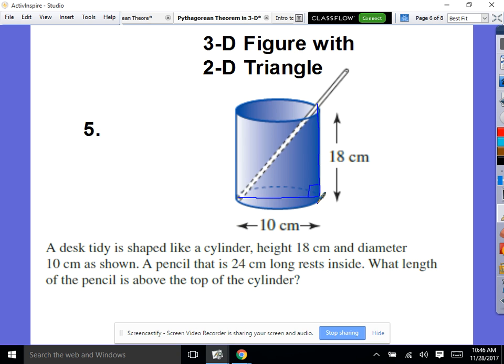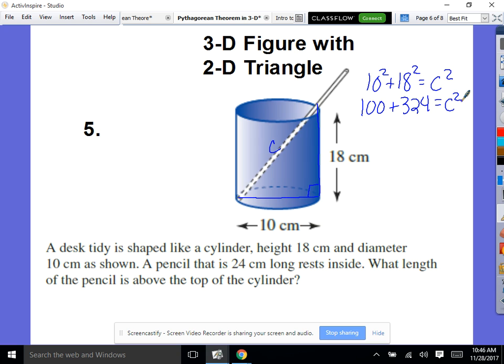So we are looking for, we're just going to say C. So we have to do 10 squared plus 18 squared equals C squared. 10 squared is 100. 18 squared is 324.